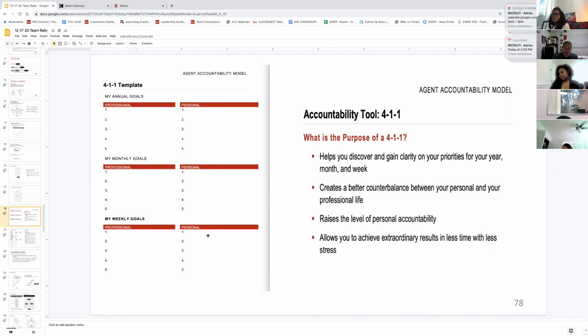And then analyze it all backwards. Go, okay, well, in order to net 150, I have to make 225. Well, to make 225, if my average commission is $10,000, that's 22 closings. All right. Well, out of my 22 closings, how many are going to be buyer? How many are going to be seller? Well, I'm going to make it 15 buyer and 7 seller.